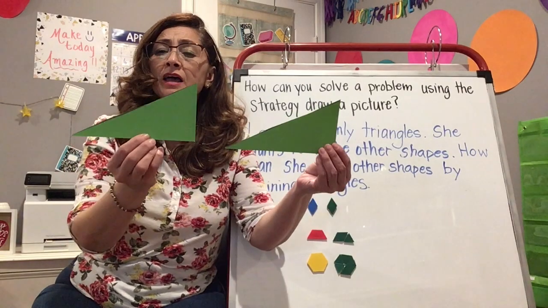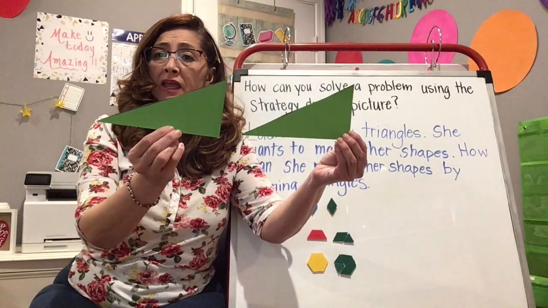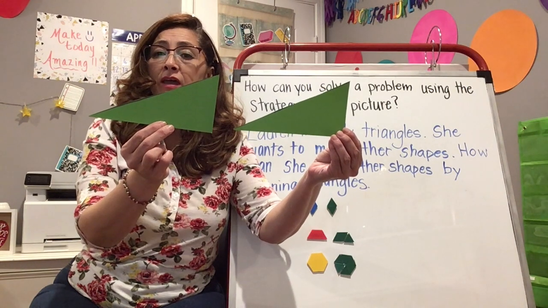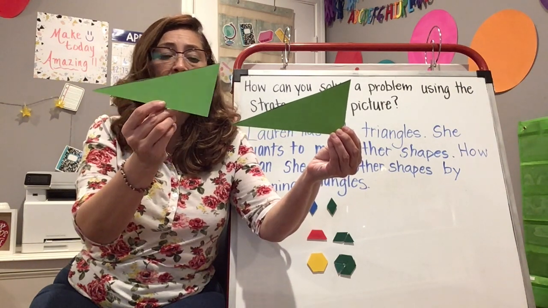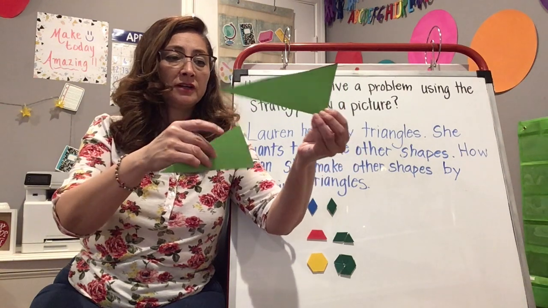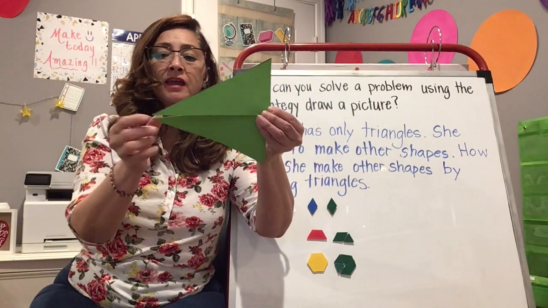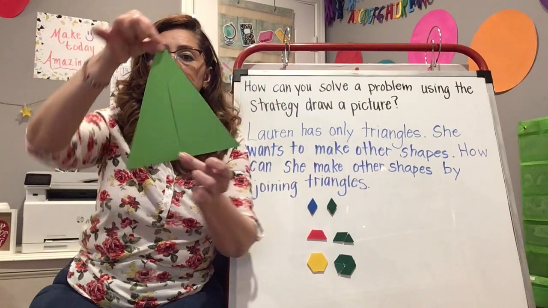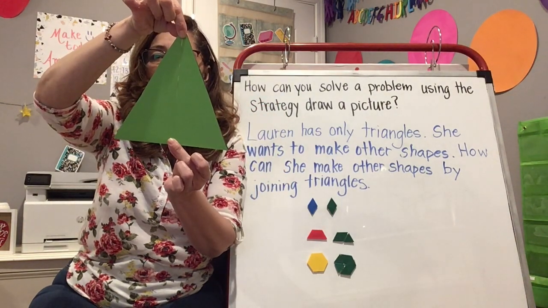Now, boys and girls, I can take those same 2 small triangles and rotate and turn to make a new shape there, a larger triangle.